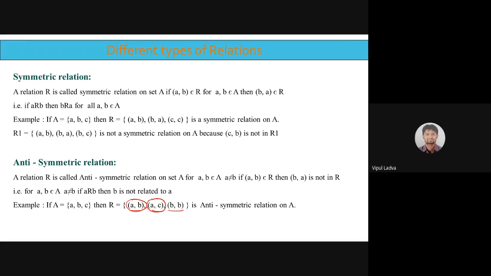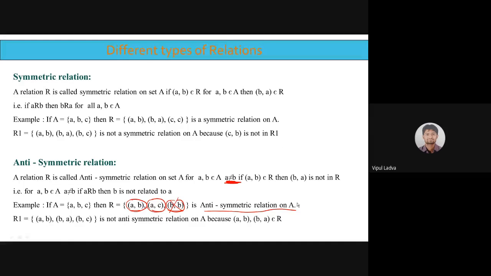Do we have C comma A over there? No. B comma B is there. We are not interested to check this. Observe, this is the condition. We are not checking for the reflexivity. So any reflexive element that is there, we will not carry it. But if A comma B is there, then B comma A should not be there. A comma C is there, then C comma A should not be there. Then such relation is known as anti-symmetric on set A.